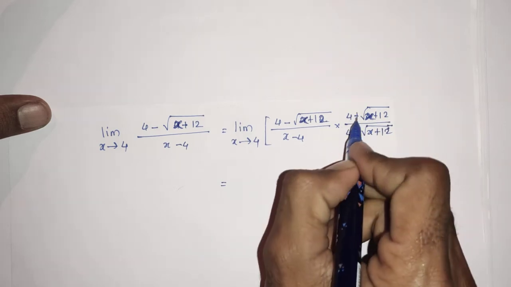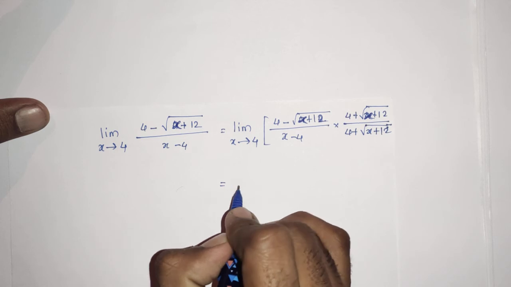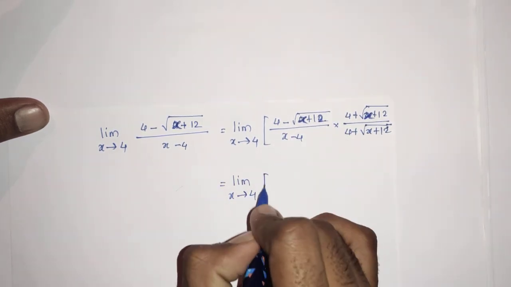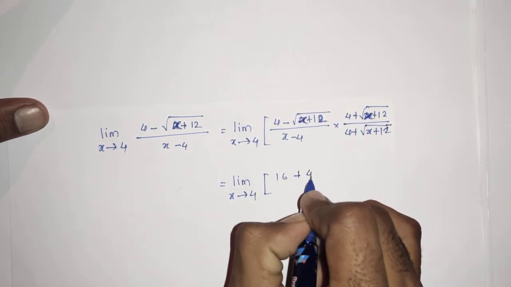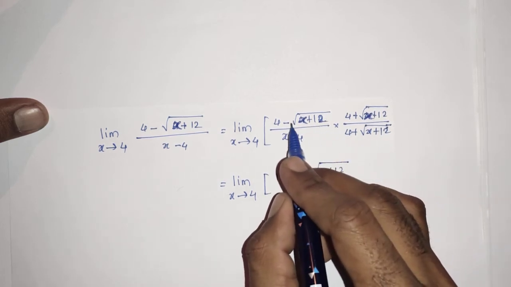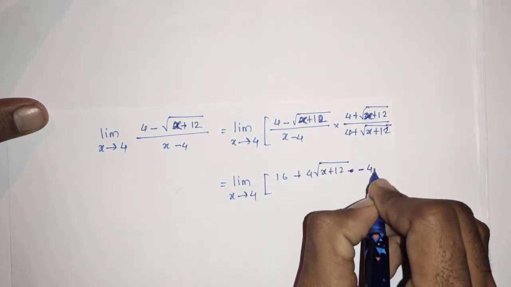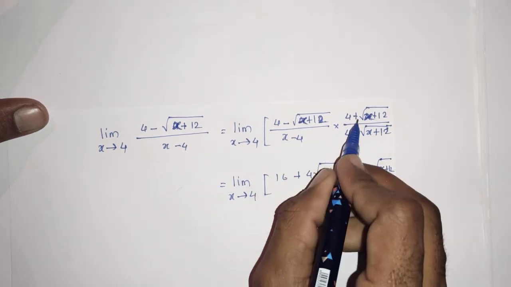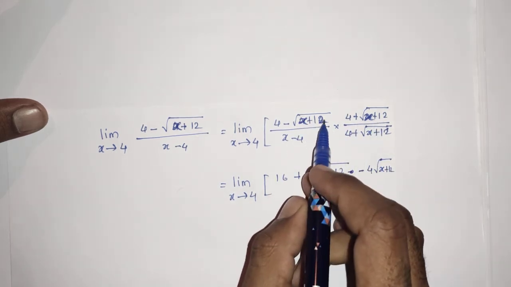So now if we multiply here a minus b into this a plus b, we get limit x tends to 4, 4 into 4 is 16, then 4 into this is plus 4 times square root of x plus 12, now minus 4 times square root of x plus 12, then minus into plus is minus, multiplication of these two is x plus 12.